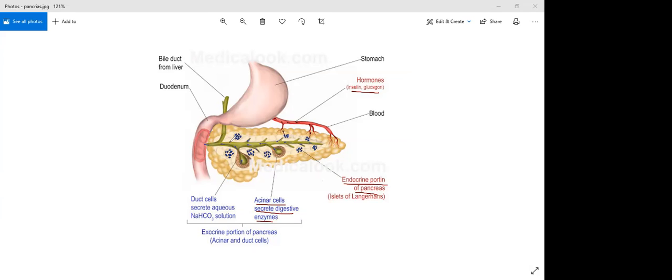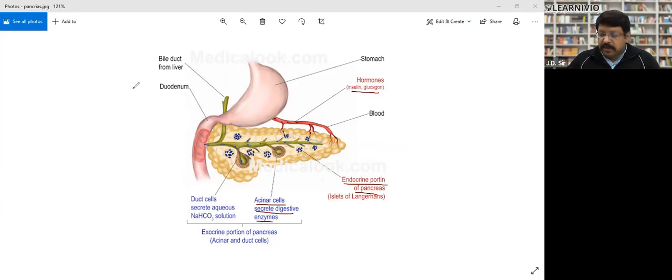So that's how they function. And what are those enzymes which are secreted by these cells? So let me write it down.